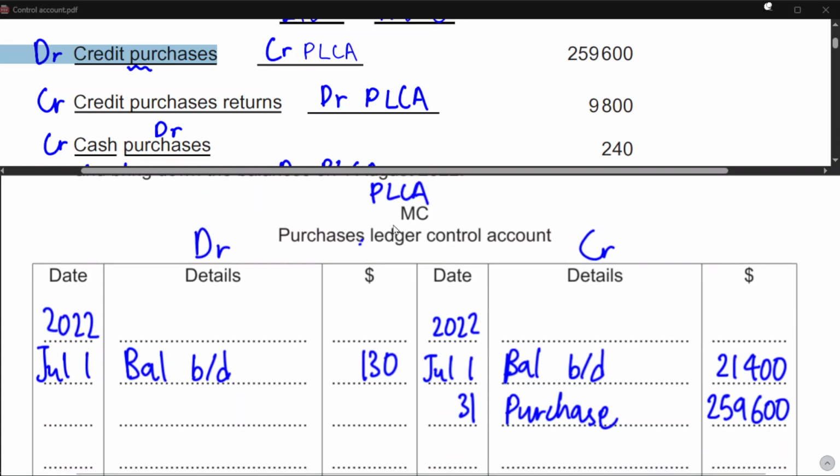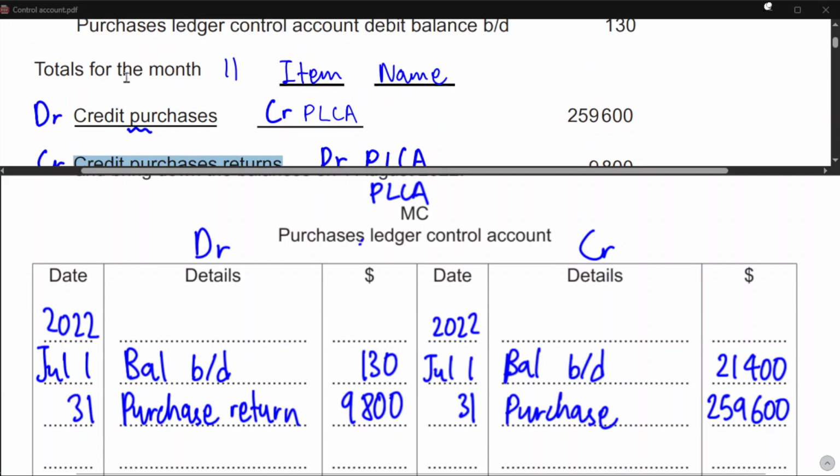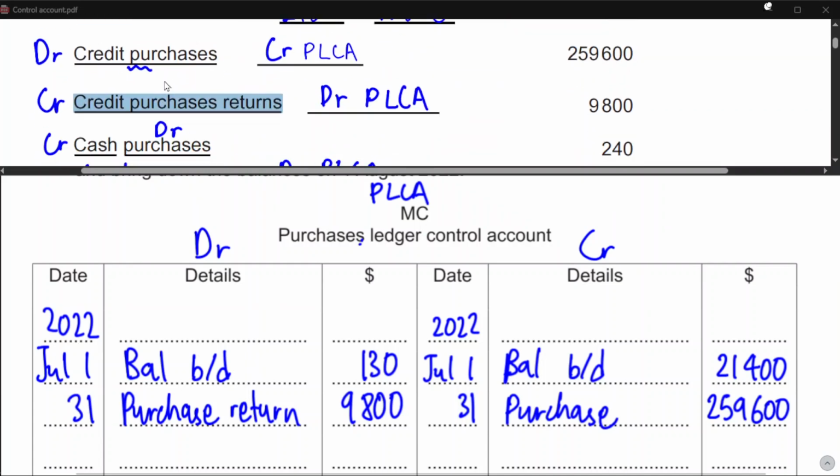Okay. So this one, PLCA, debit, purchase return. Also July 31, since it said totals for the month of July. So month of July, the month's end will be July 31. Okay.